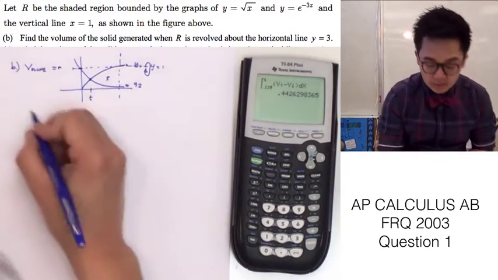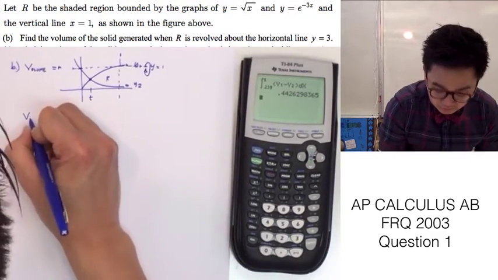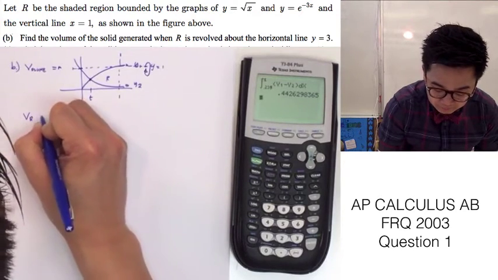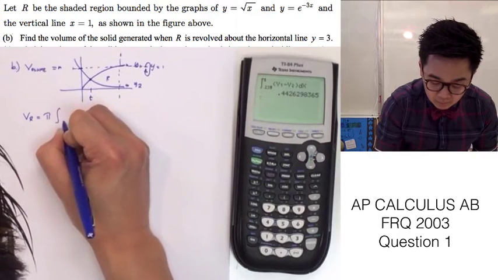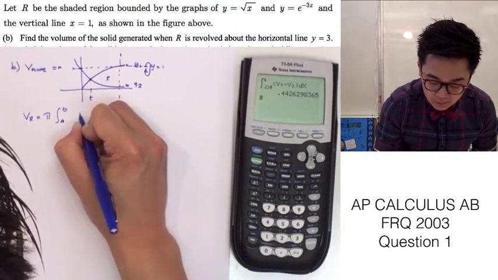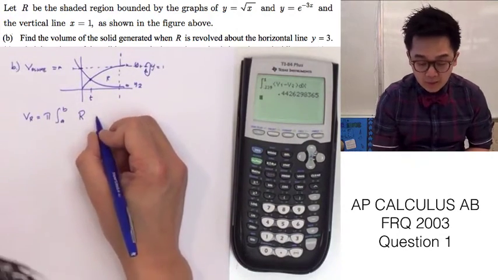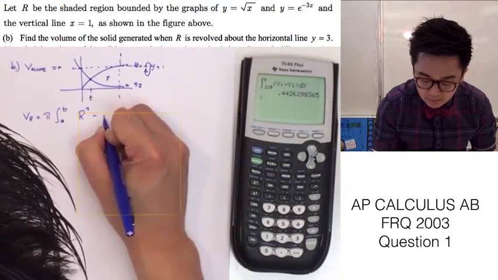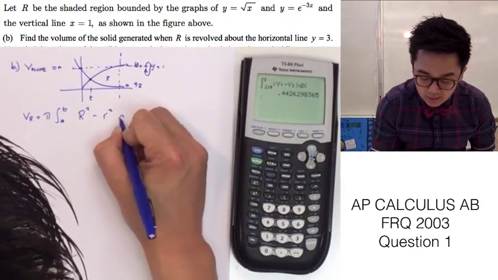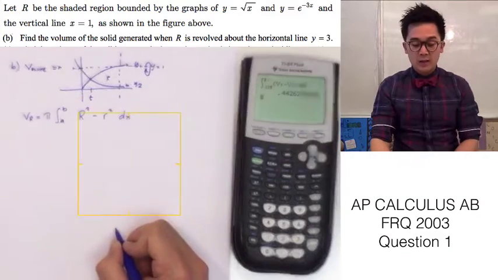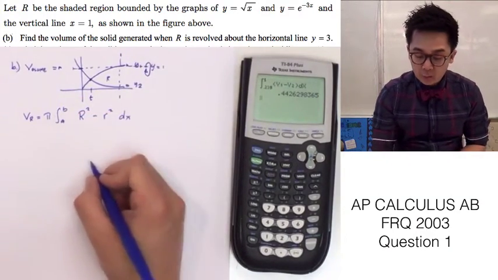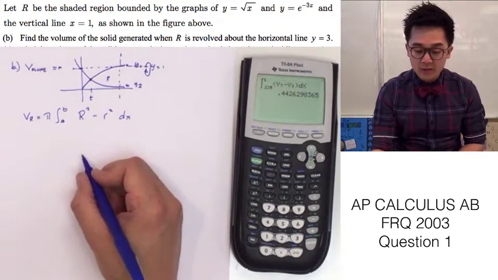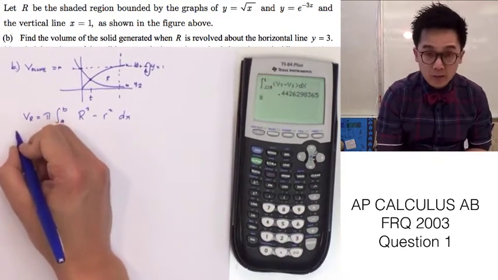So this is finding the volume of a ring, which is given by the formula pi, from A to B, of the bigger radius squared minus the smaller radius squared, and we're going to evaluate it in terms of x. First, we need to find the value of the bigger radius.